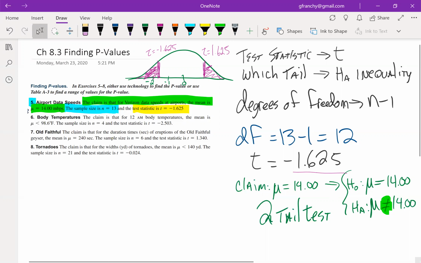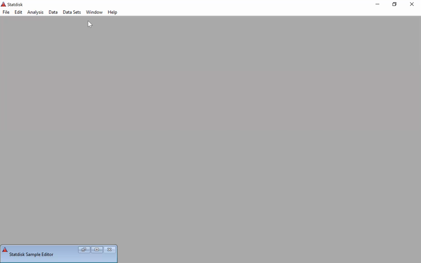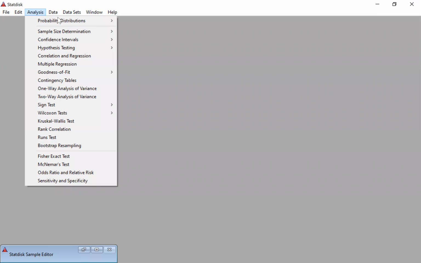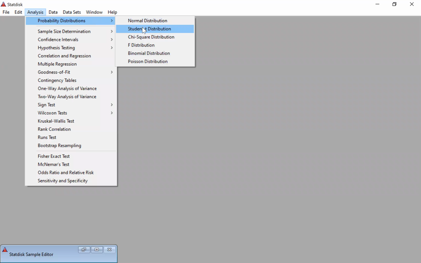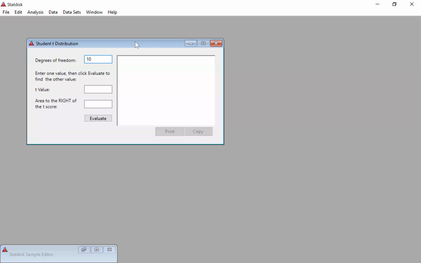And if we take this over to StatDisk, we can go Analysis, Probability Distributions, Student t-distribution. And our degrees of freedom was 12.